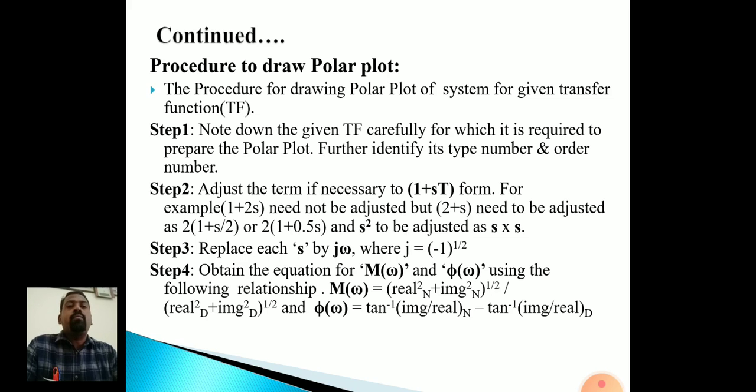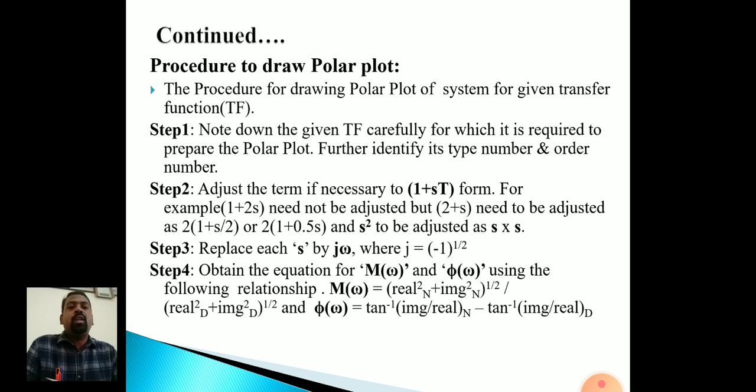So it is 2 into 1 plus s by 2, or 2 into 1 plus 0.5s. 1 by 2 is taken as 0.5s, and the s square terms are to be adjusted as s into s in the denominator of the transfer function. So the second step is to adjust to 1 plus sT form if necessary. Otherwise, if it is already given, no need to adjust. And the s square term is adjusted as s into s. That is step number 2.